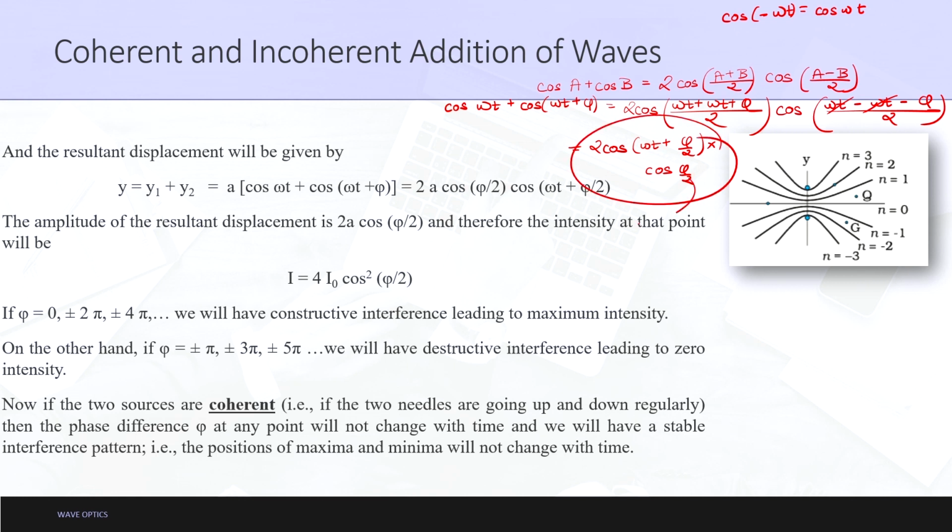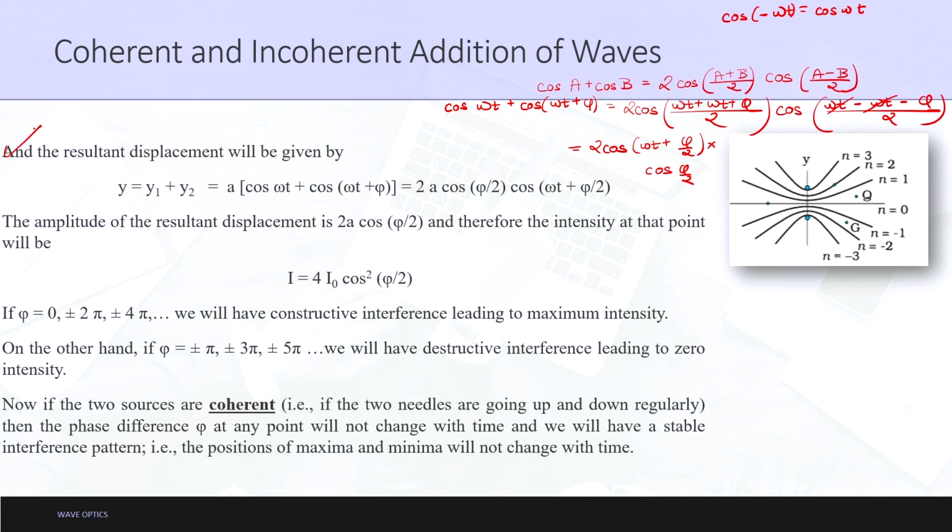So this is what is written here. Because it is multiplied by a, it is nothing but 2a cos phi by 2 cos of omega t plus phi by 2. This is how it came, using the mathematical formula cos a plus cos b is equal to 2 cos of a plus b by 2 into cos of a minus b by 2.